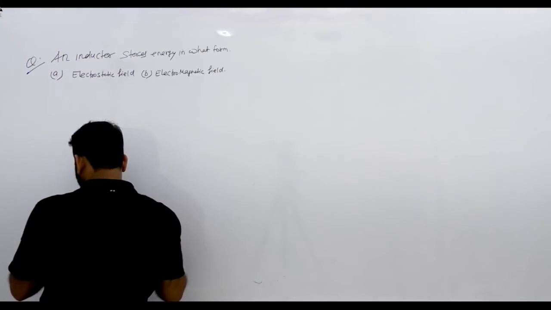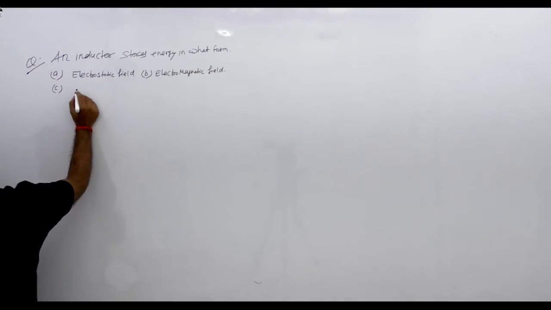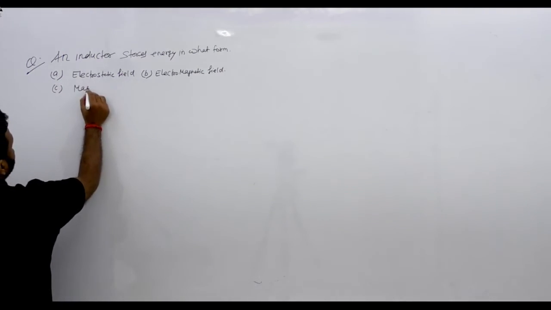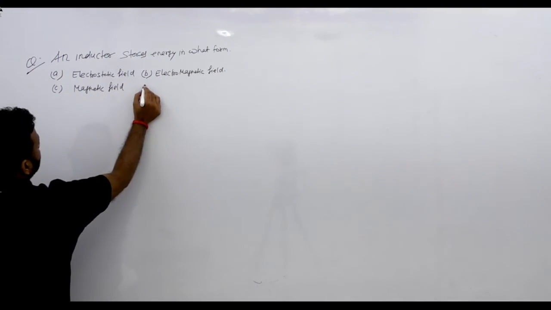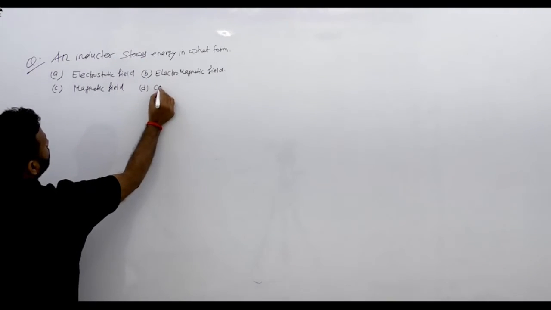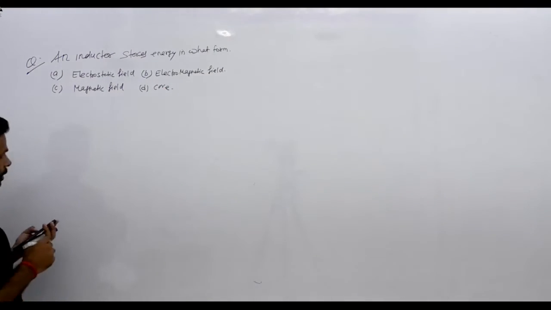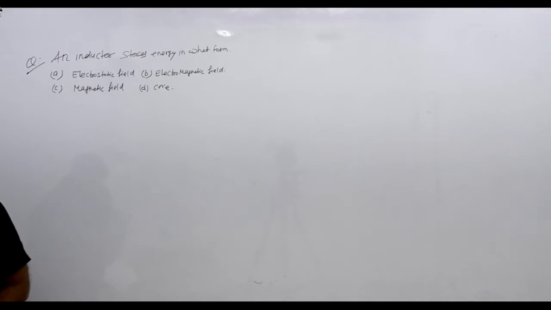And then we have next option, magnetic field. And last option is your D, in core. So let's see. This is your next question. So देखते हैं इसका क्या आंसर होता है.